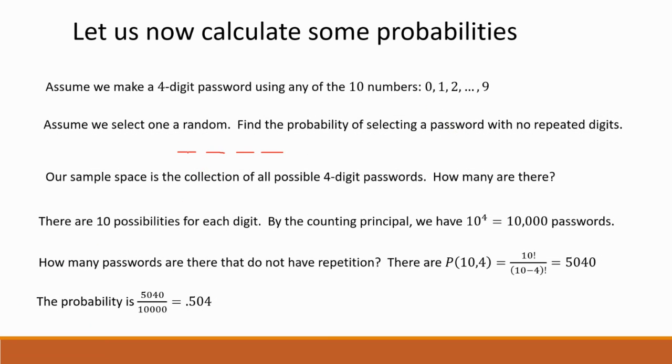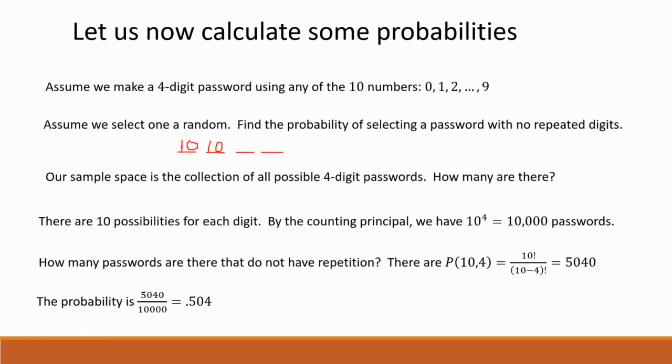We're looking for all possible passwords, because we're looking for our sample space. Well, for the first digit, you have 10 choices. How many choices do we have for the second? Well, since there's no restriction yet, because we're looking for the sample space, there's 10 choices.